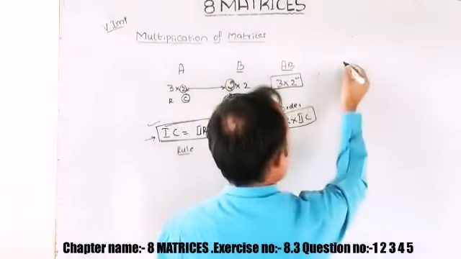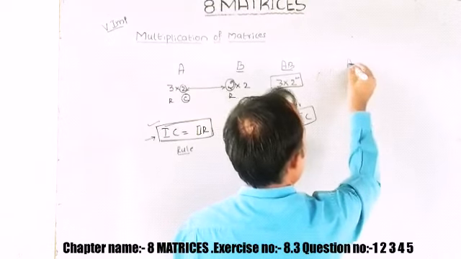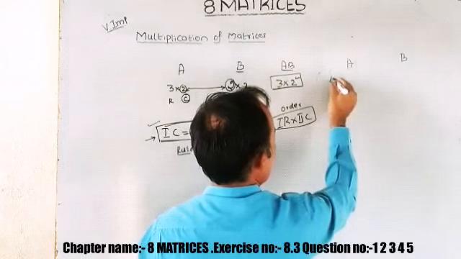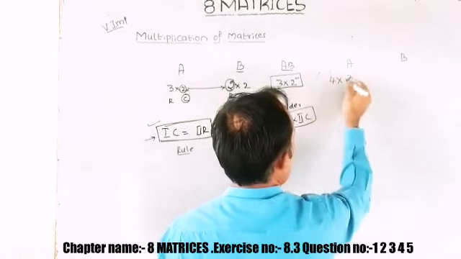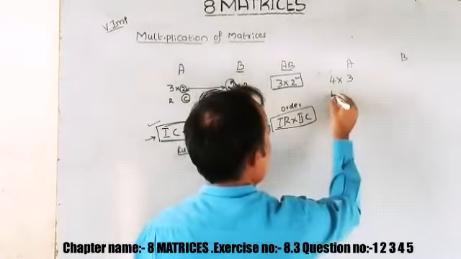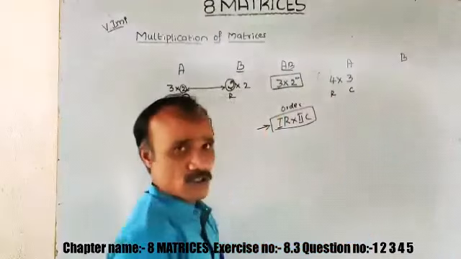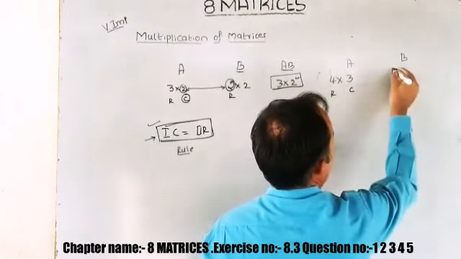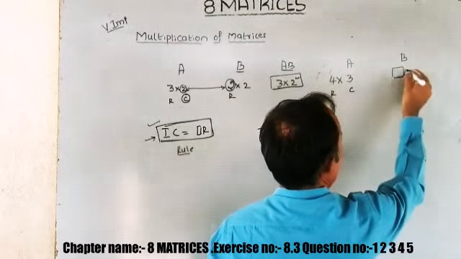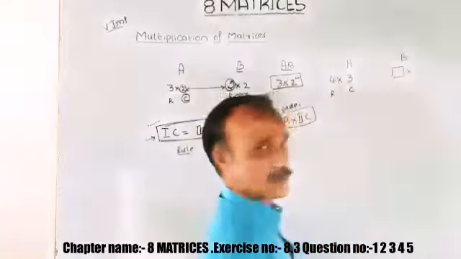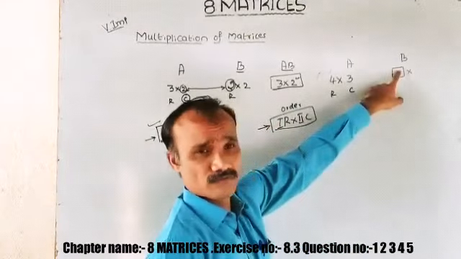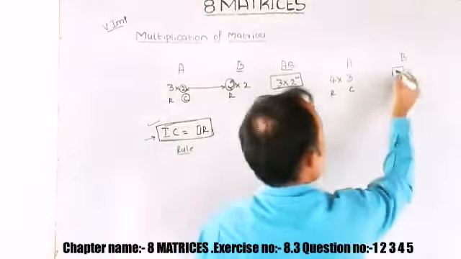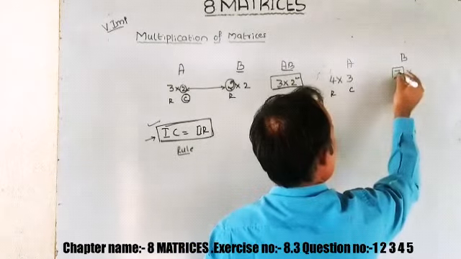Now, see some other examples. Let's consider again A and B. For example, the A matrix is of the order 4 cross 3, 4 rows and 3 columns. Can you guess the rows of the second matrix? Yes, very simple, it is 3.